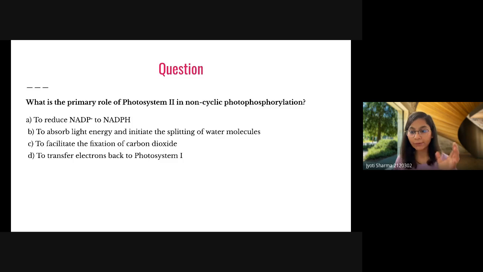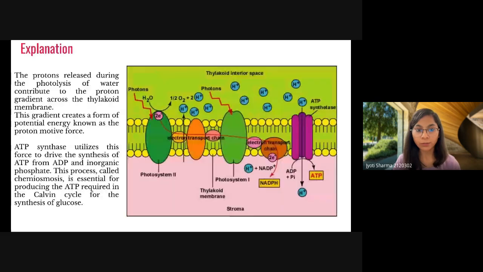So we have talked about photosystem 1 and photosystem 2, right? Let me show you again. This is our photosystem 1, and this is our photosystem 2.